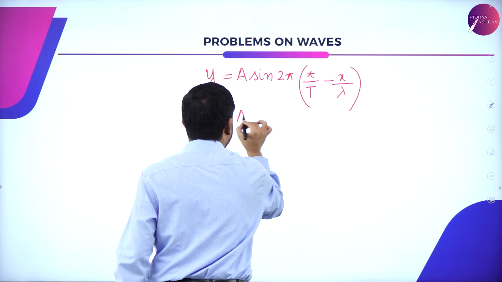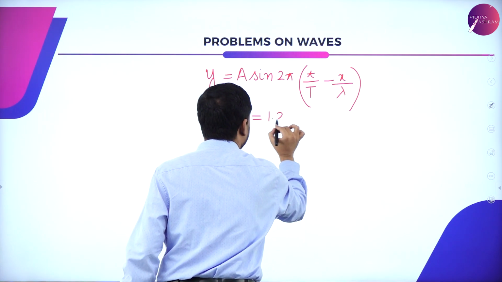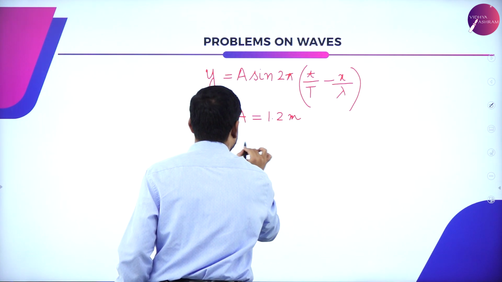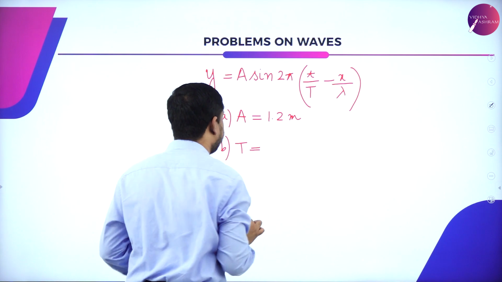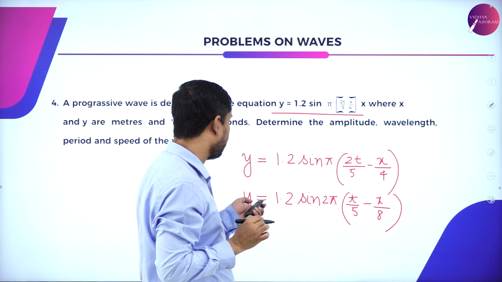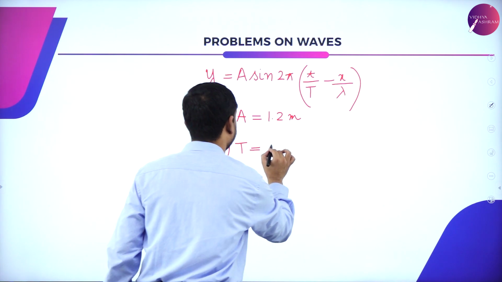So amplitude is 1.2 meter. Time period, if you compare, is 5 seconds.